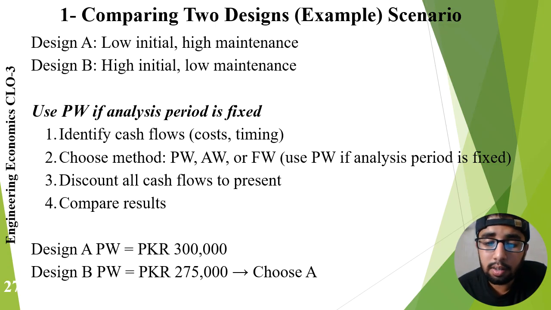The engineering economics help determine which design is truly more economical over the project life. This demonstrates why project managers should not focus solely on the initial cost when making investment decisions. A low purchase price does not always result in lower costs. So design B is more economical.